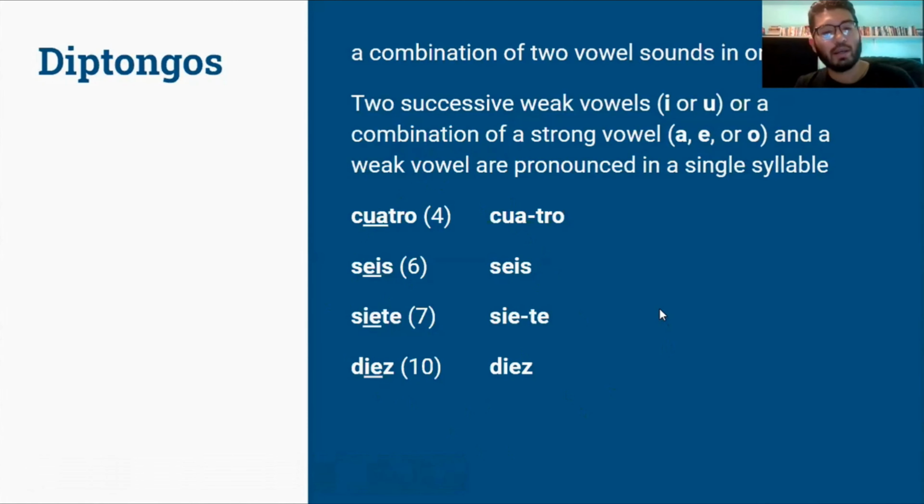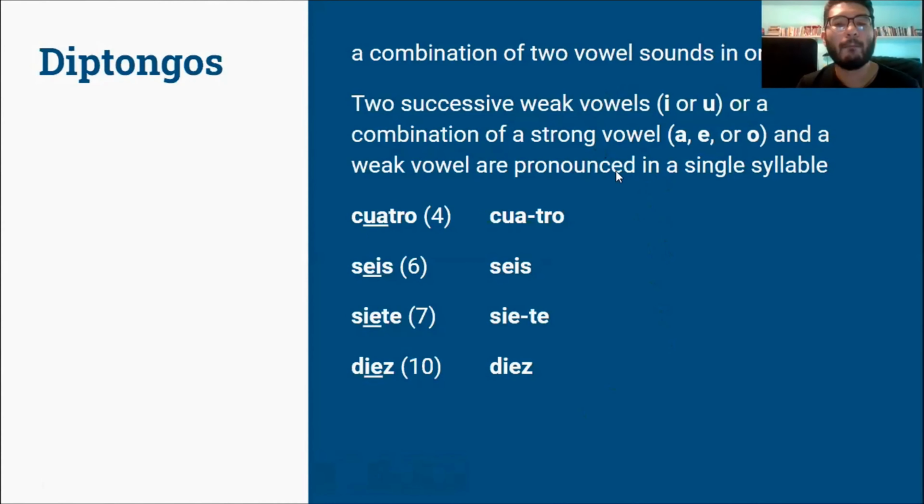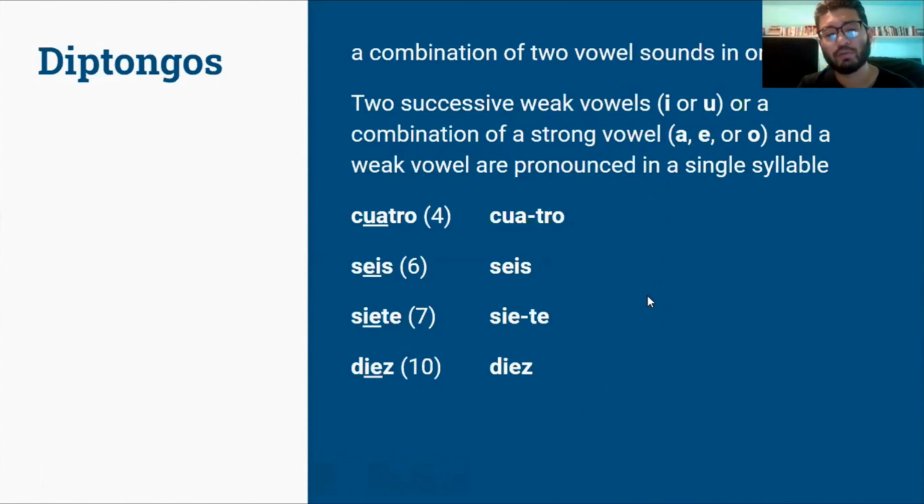There will be times when we can have a weak vowel and a strong vowel, but the weak vowel has an accent mark, and therefore they are separated into different syllables, but we can look over that later. This is just an example to keep in mind, and we will see some more diphthongs in the following words that we cover.